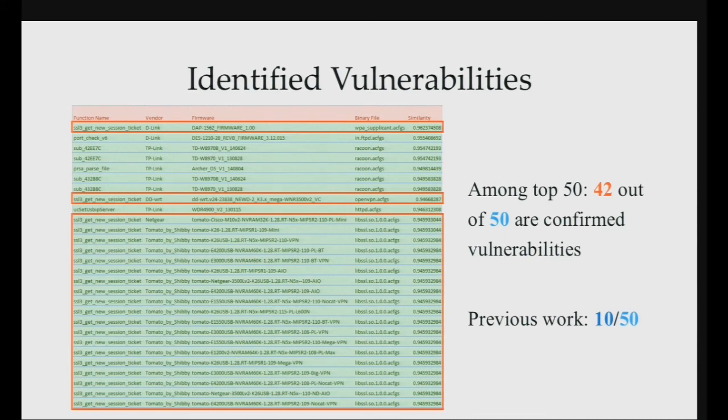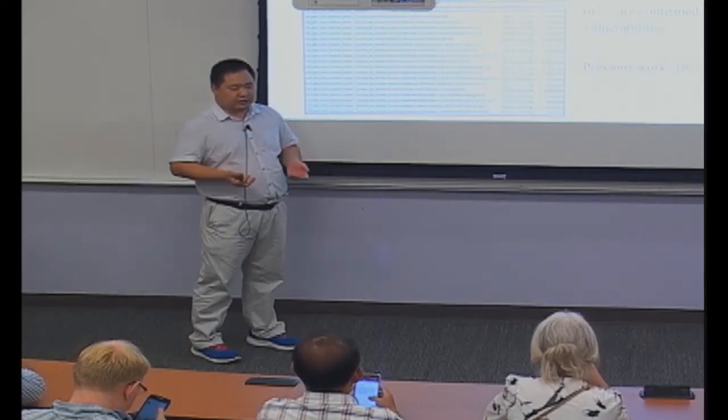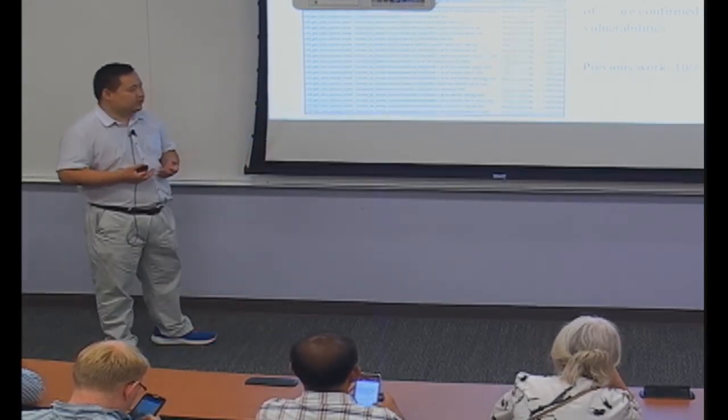Okay, so the last experiment is about the effectiveness of our approach. So we collect a large data set which contains over 400 million binary functions. And then we want to identify the top 50 most similar results to a vulnerable code sample. And in the previous work, they show that only 10 out of the top 50 are indeed vulnerable code.